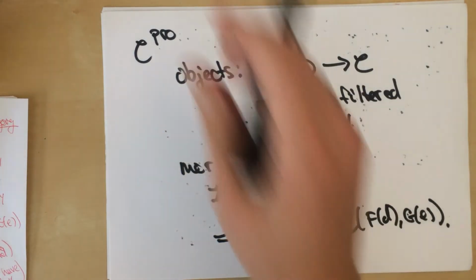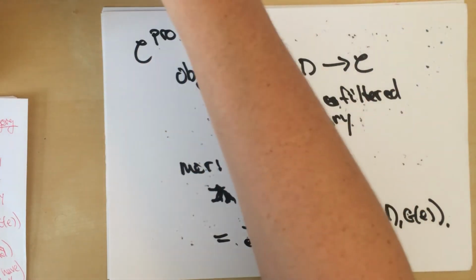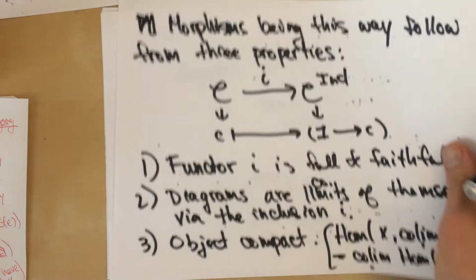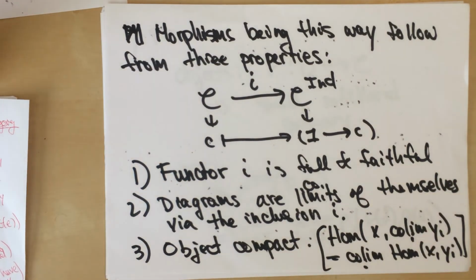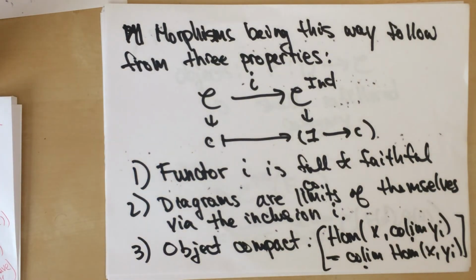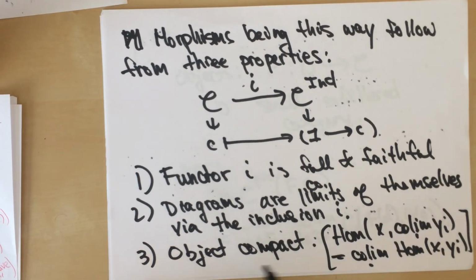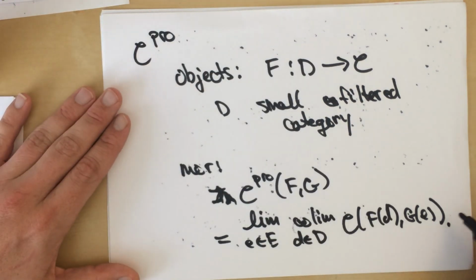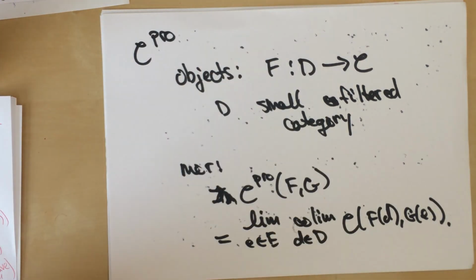You're going to have properties similar to this one. So we have a full and faithful functor, right? And the functors will now be limits of themselves, and then I guess the objects will have to be co-compact. So we'll do the exact same thing. Okay, so that's all that I wanted to say about this. Thanks.